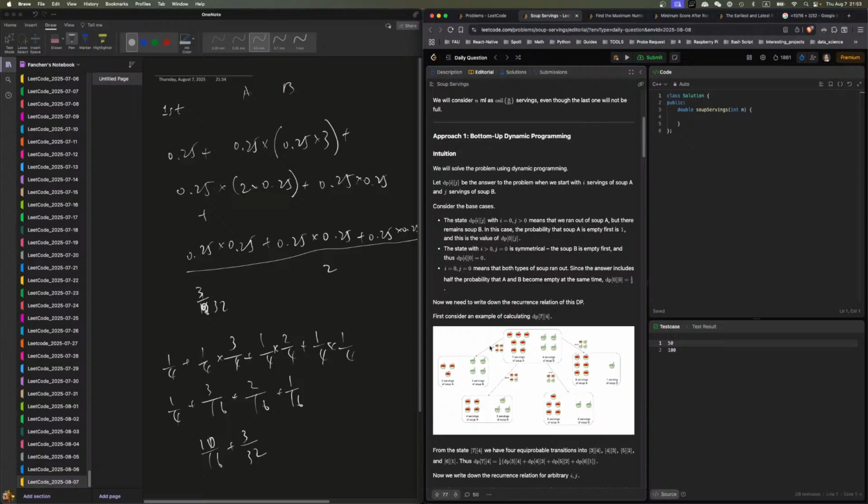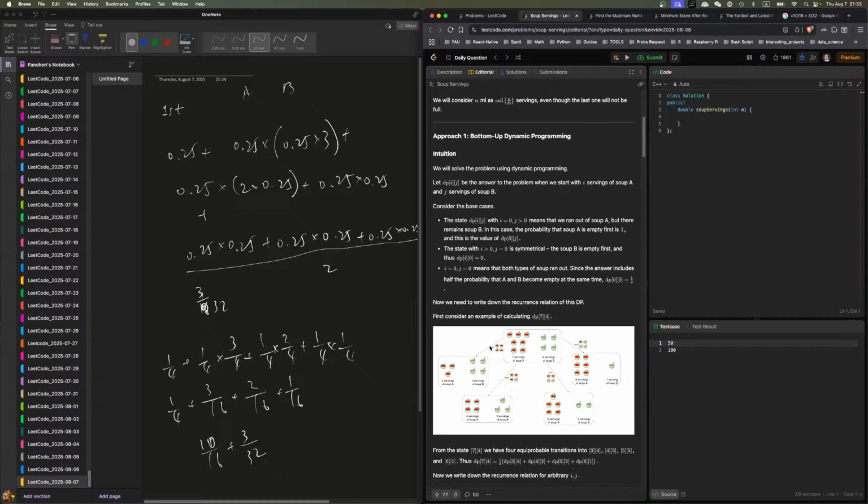That's what dp[i][j] means. So if i is equal to 0, any value of j will become 1. Correct. If i is larger than 0, j is equal to 0, B would be empty first. We don't allow that. That will be 0. If both are 0, that means soup ran out. It will be half. That is correct.